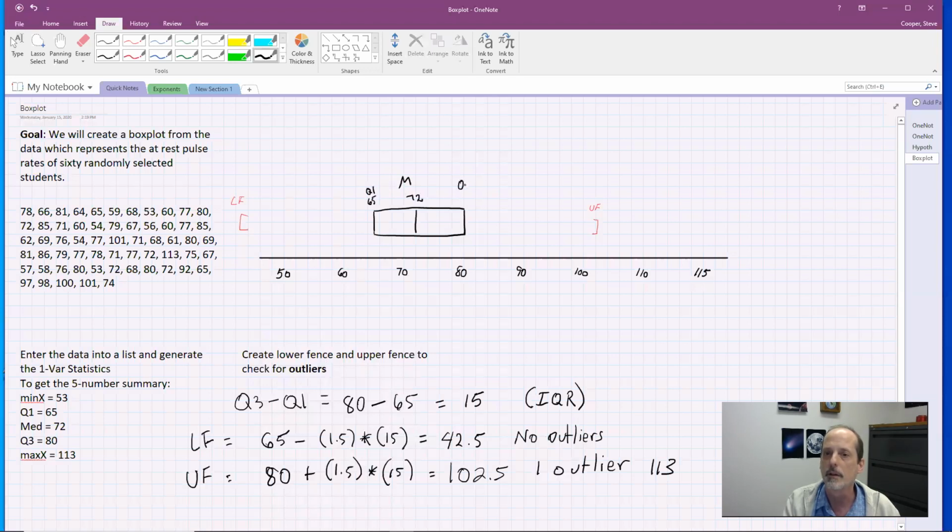And this is Q3, 80. All right. Now, since there are no outliers left of the lower fence, we're going to end our box plot with the minimum X, which is 53. Now, since this is 52, I'm going to put 53 just a little bit beyond that.